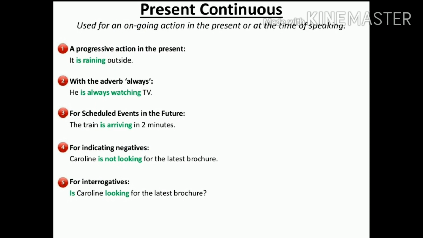So ongoing or a continuous action in the present or at the time of speaking. So for both the conditions, if something is happening while you are speaking or writing something, then to indicate that you will use present continuous, or if something is happening continuously at present, then also you will use present continuous tense.